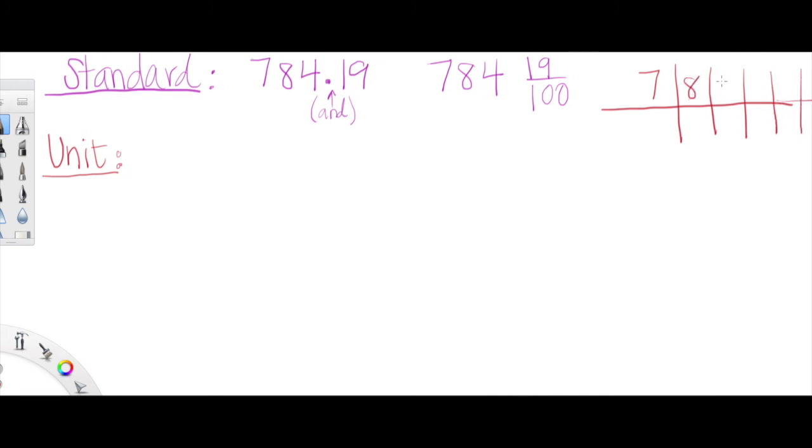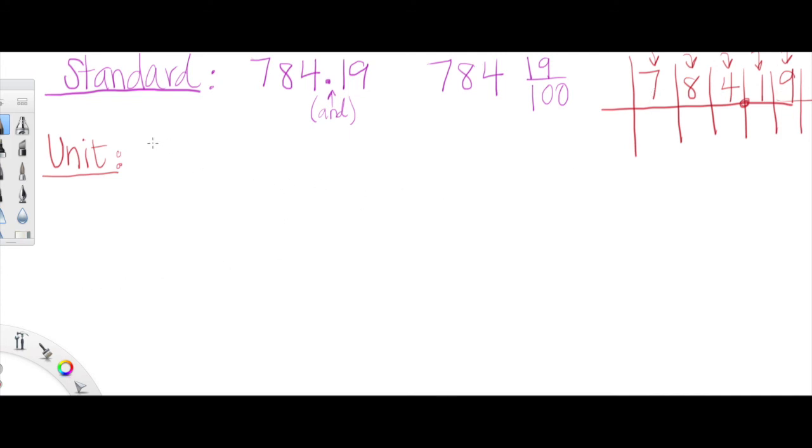So we have 784. As you guys can see, I'm just drawing a quick place value chart. If you have one pre-printed with you, that is fabulous as well. Either one works. So let's just look at unit by unit. Let's look and see how many copies we have of each unit, or what digit we have in each place value.